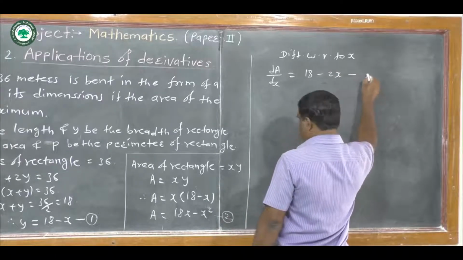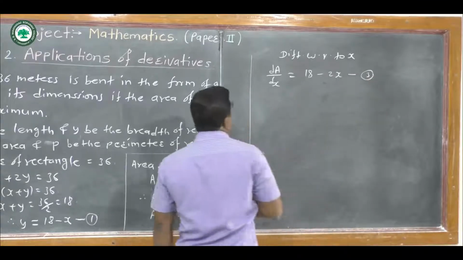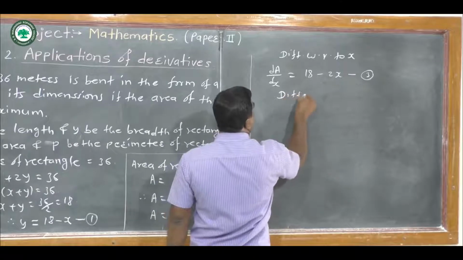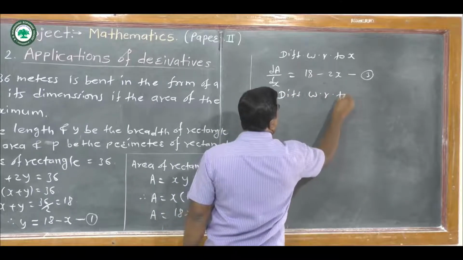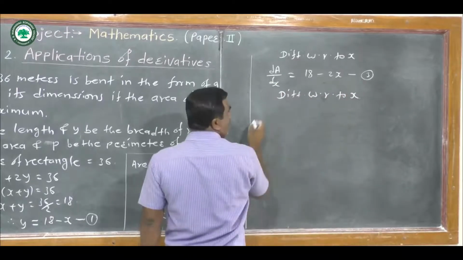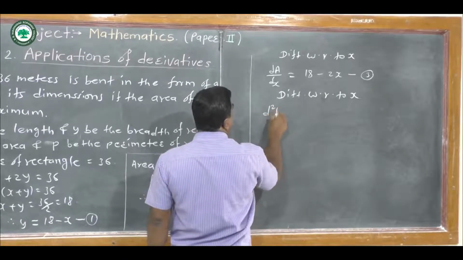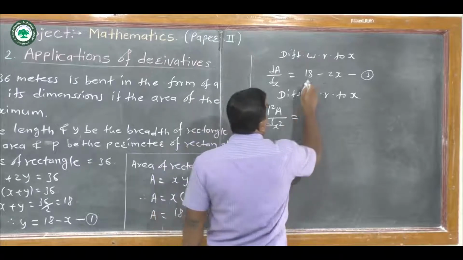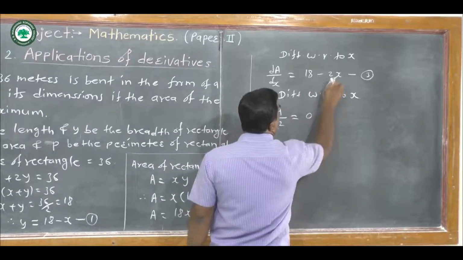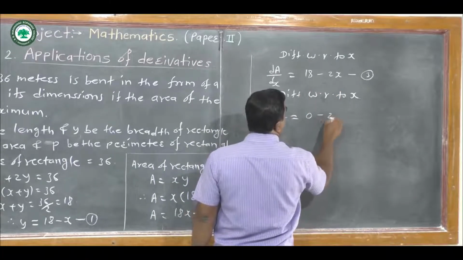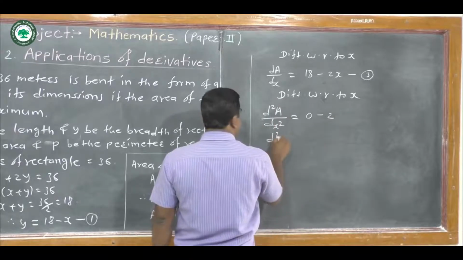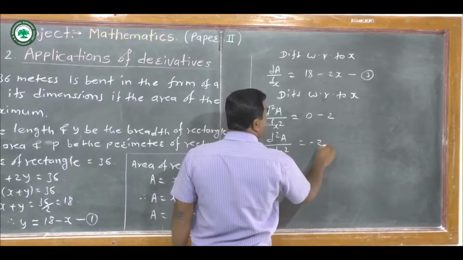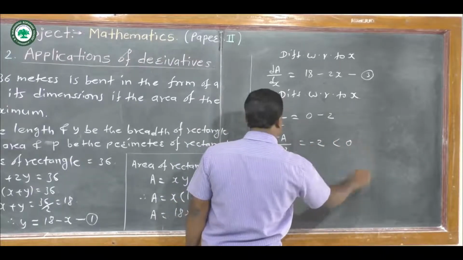This is equation number 3. Now we want the second derivative also. Therefore, differentiate again with respect to x, d square A by dx square is equal to derivative of 18 is 0, derivative of minus 2x is minus 2. That is d square A by dx square is equal to minus 2, which is less than 0.